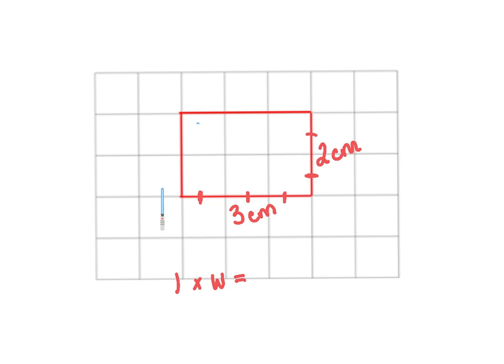The length is 3 times the width is 2, so it would be 6 centimeters squared. Well, we were able to figure that out before without labeling the sides, because we just counted 1, 2, 3, 4, 5, 6. There were 6 squared units inside that rectangle.